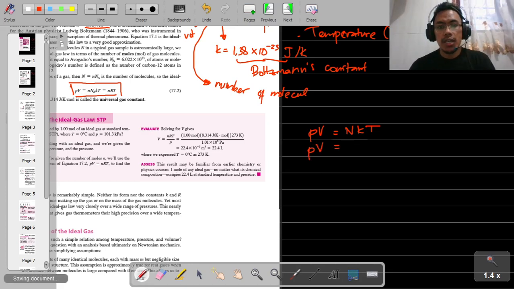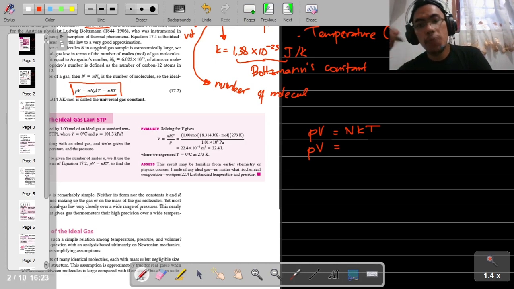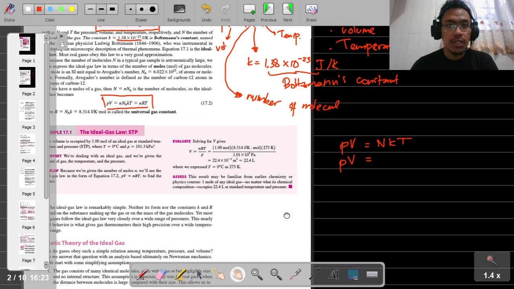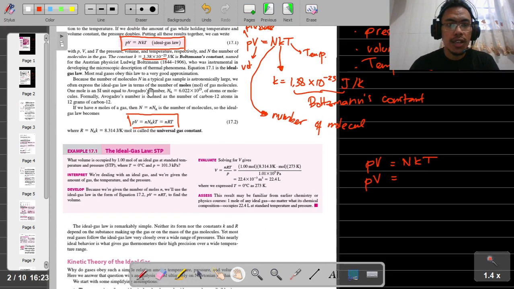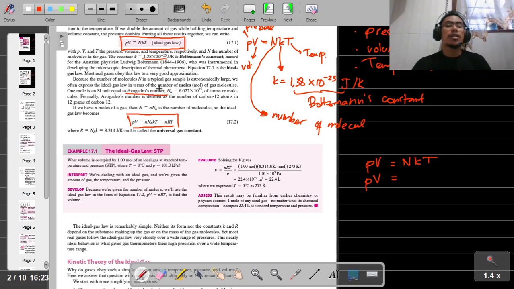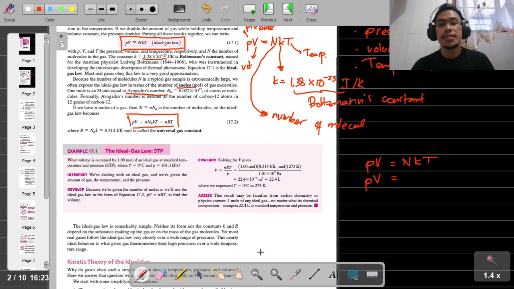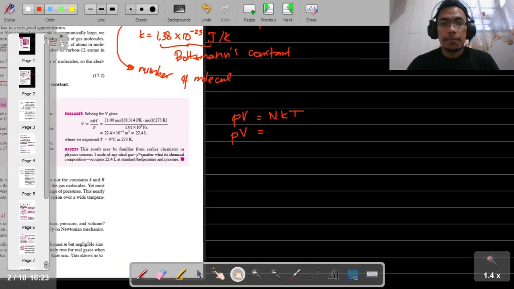Now, I just want to remind you about the concept of the Avogadro number. If we talk about the Avogadro number, we also have to mention the concept of moles of gas.